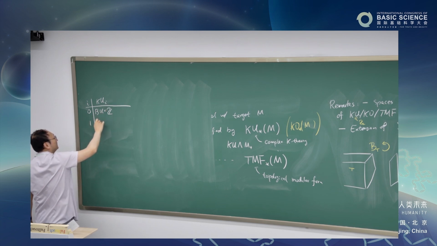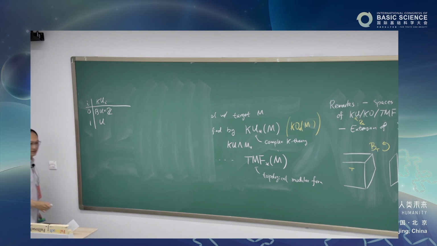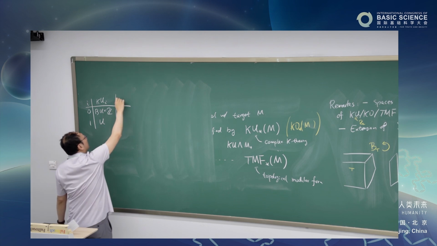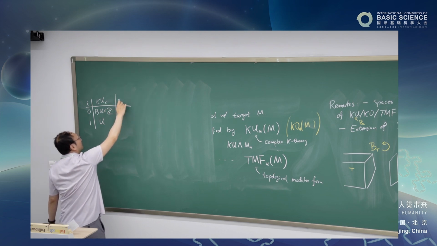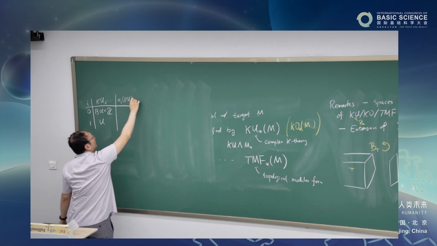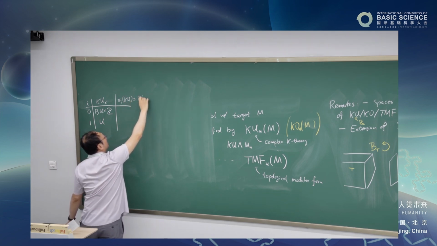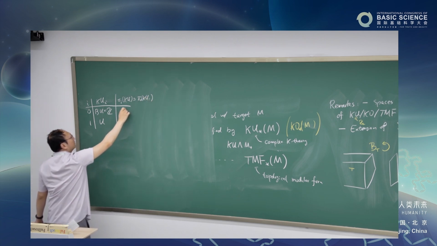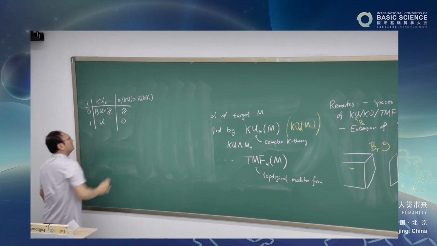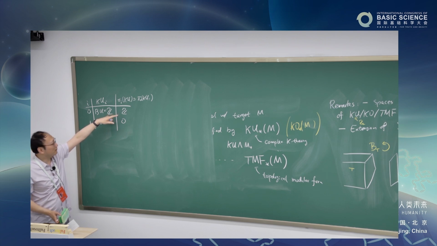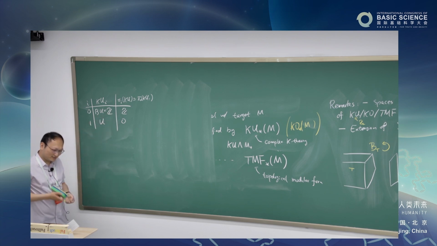The first space is U, the infinite dimensional unitary group. And the homotopy groups of this, π_i of KU, which is the same as π_i of KU_0, are respectively Z and 0. This is the famous Bott periodicity. For complex K-theory, you get Z, 0, Z, 0, Z, 0.